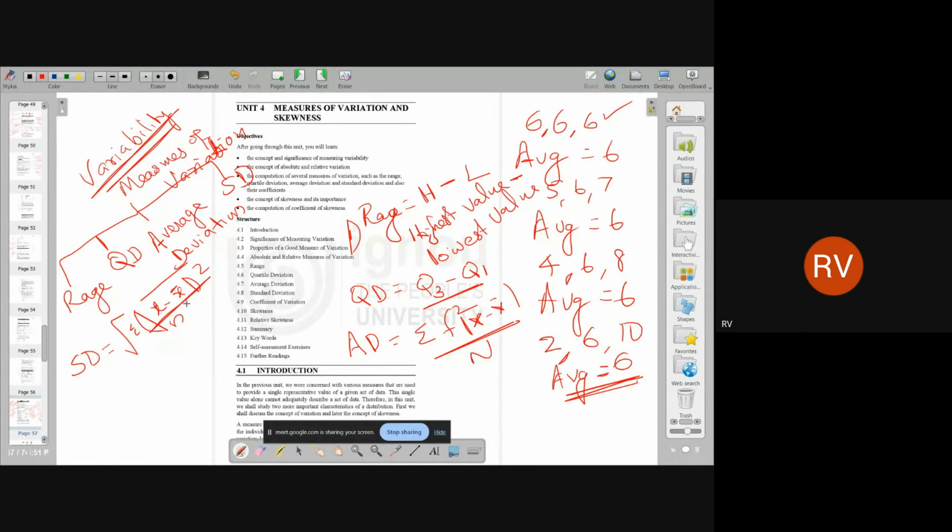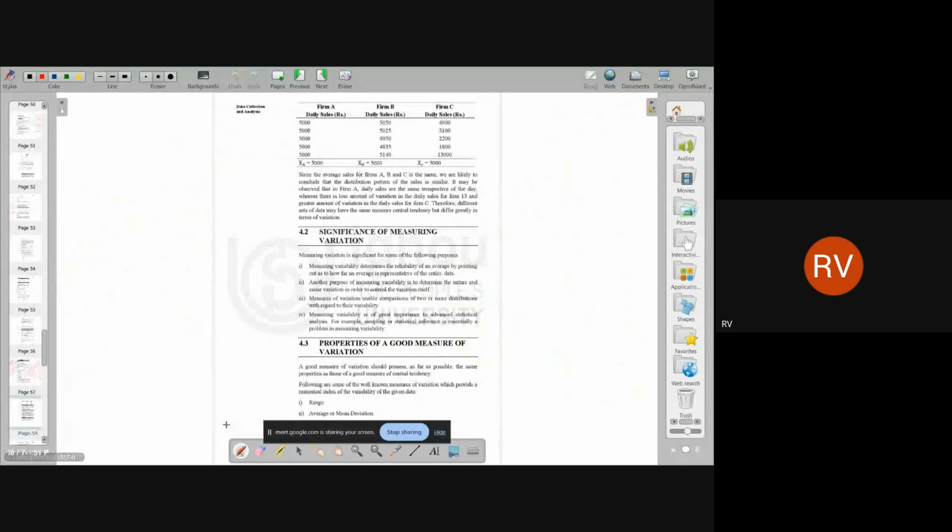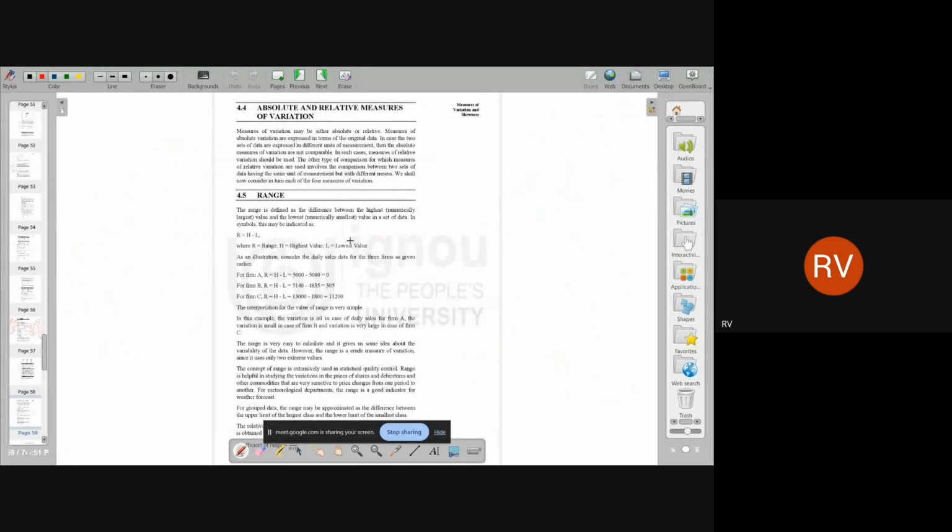That is the standard deviation. For example, range is equal to highest minus lowest value.